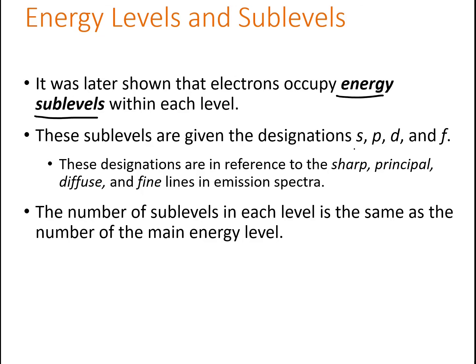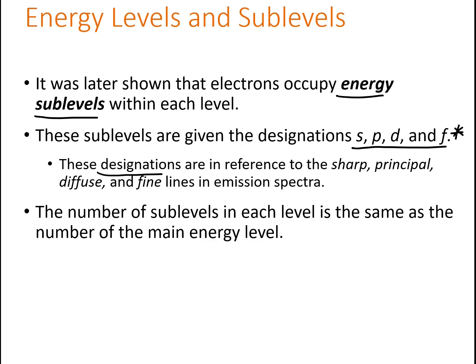The sublevels are given designations s, p, d, and f. You don't need to understand why they're designated this way, that's there for your own information. But you do need to know s, p, d, and f. Those are the energy sublevels.